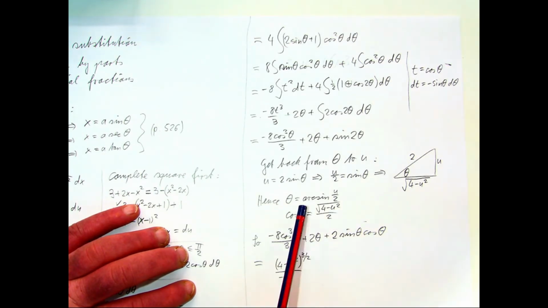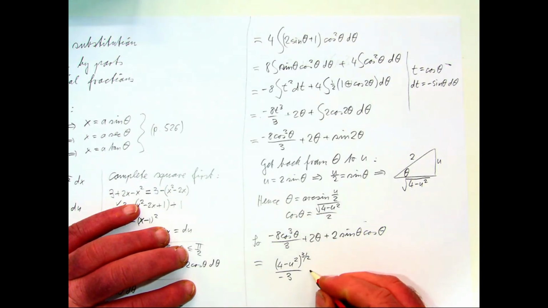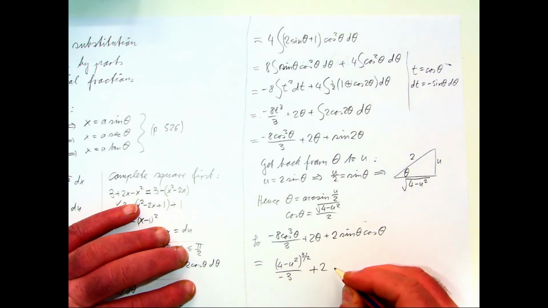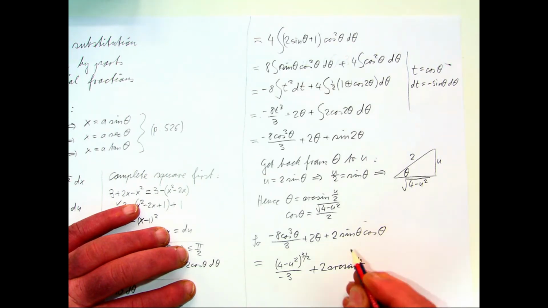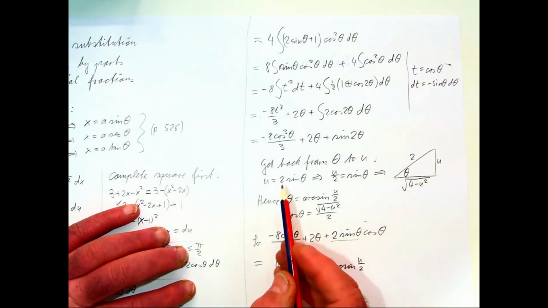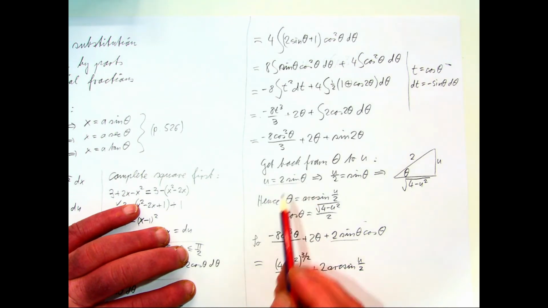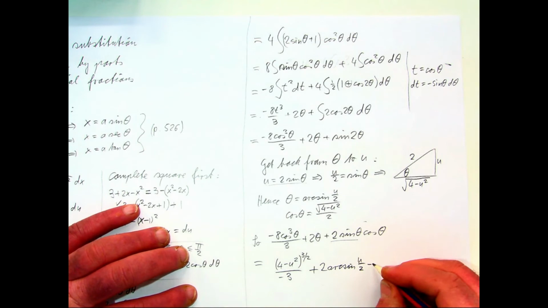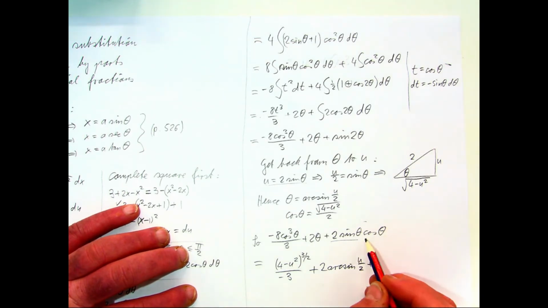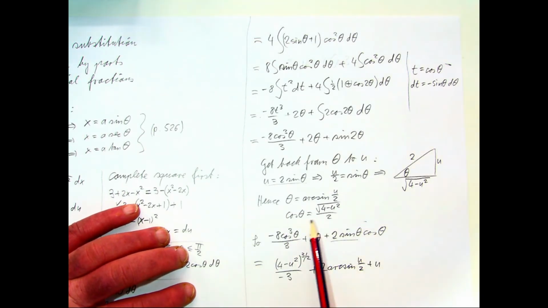And 2 theta is 2 times that arcsine. Two sine theta was, of course, u itself. This is our trig substitution we started out with. So that is u times the cos. The cos is here, that root over 2.